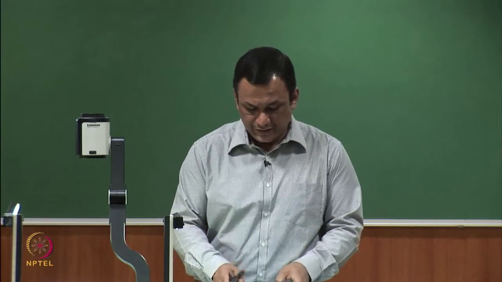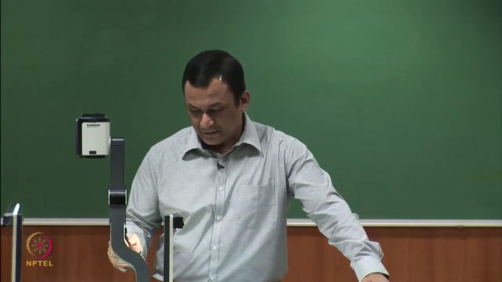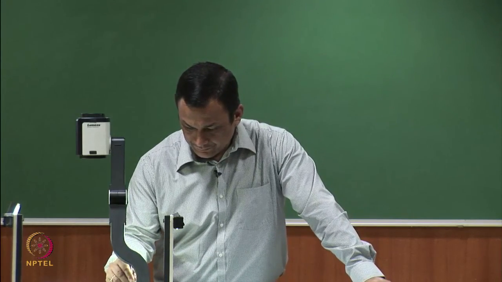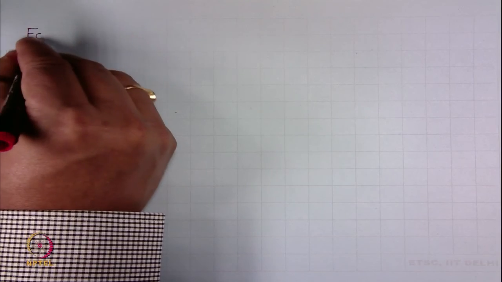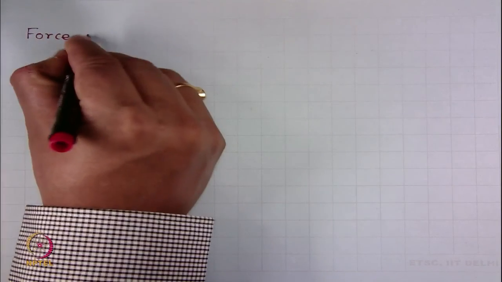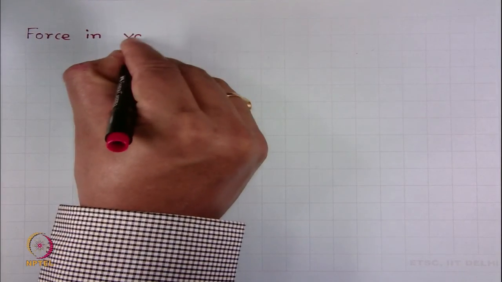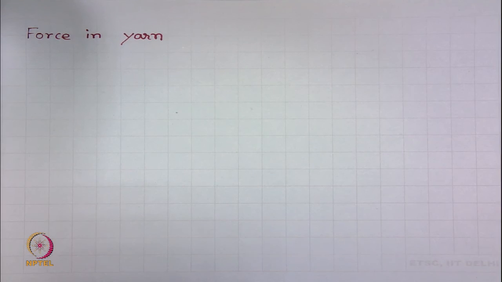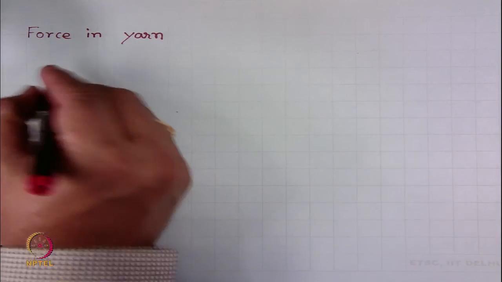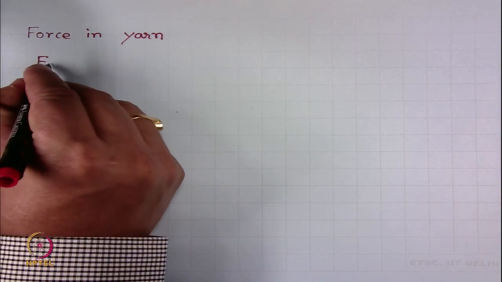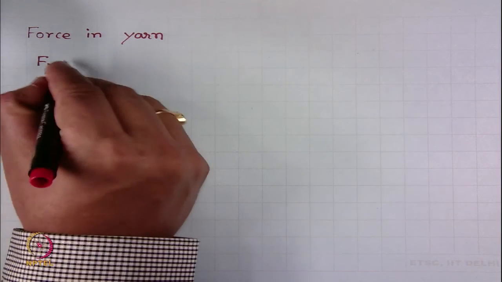Now we will develop the force in yarn. In this partially generalized model, what will be the function for f subscript y?